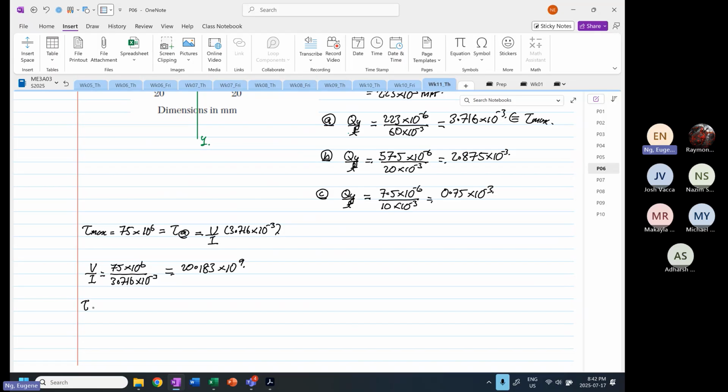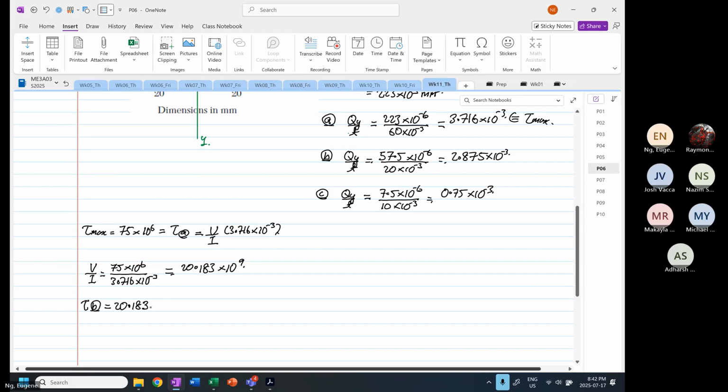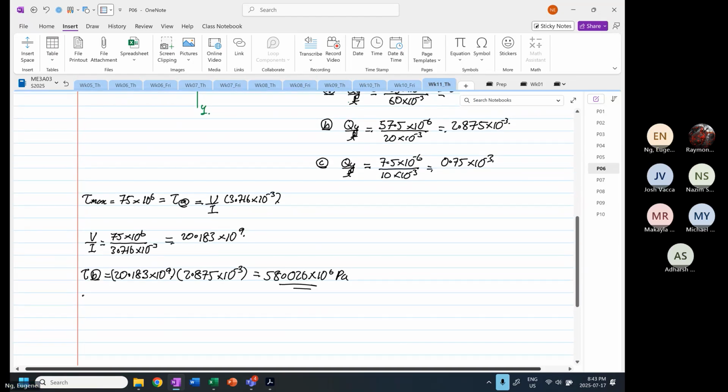So from here, we know that shear stress at point B will be equal to 20.183 times 10 to the power 9 multiplied by 2.875 times 10 to the power minus 3, which is equal to 58.026 times 10 to the power 6 Pascal. Yep, 58.0.